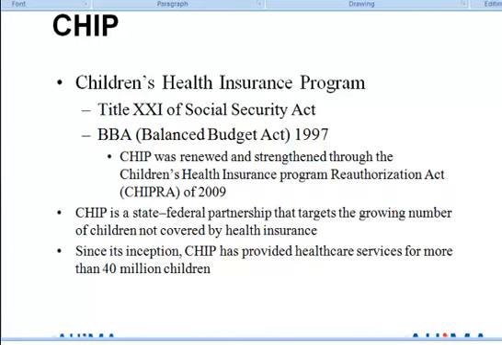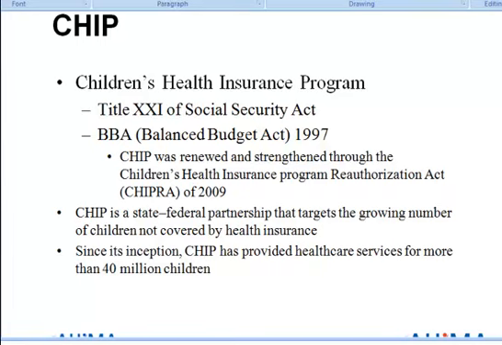CHIP was created in '97 by the Balanced Budget Act. It was renewed and strengthened through the Children's Health Insurance Program Reauthorization Act of 2009. Basically, CHIP is a state-federal partnership that targets our growing number of children that are not covered by private health insurance.